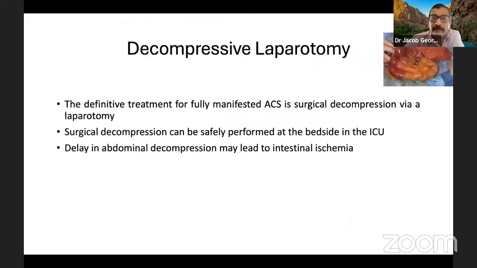Now, decompressive laparotomy has been recommended for a fully manifested ACS, and this is the last resort that we use, where we just open up the abdomen and keep it open till the abdominal edema decreases. And it's extremely important to time this, because delay in the decompression can result in increased intestinal ischemia, and you can lose a large amount of viable bowel segment.